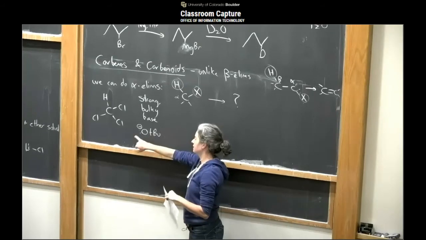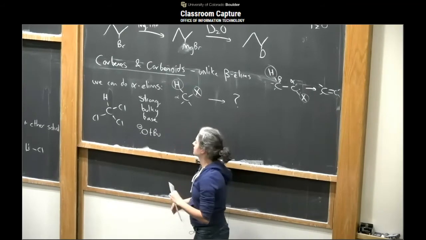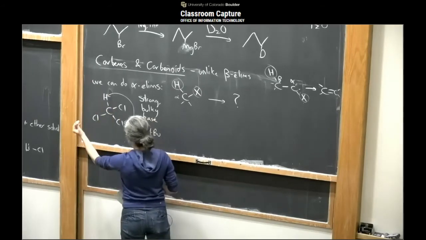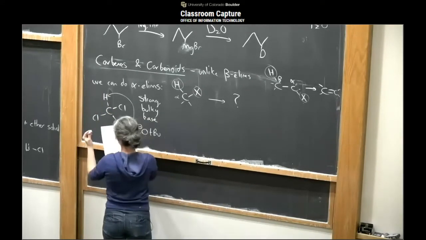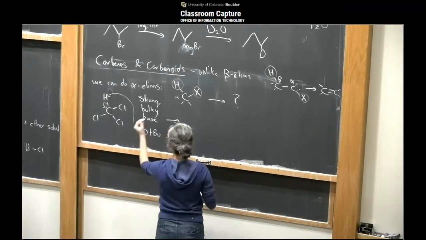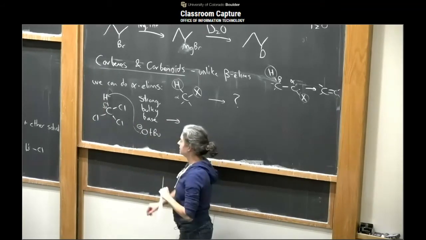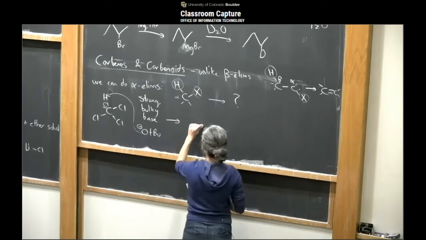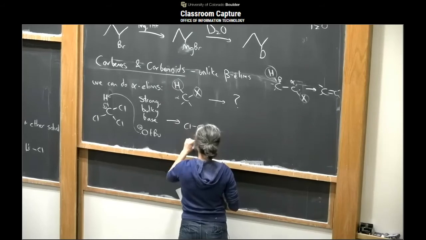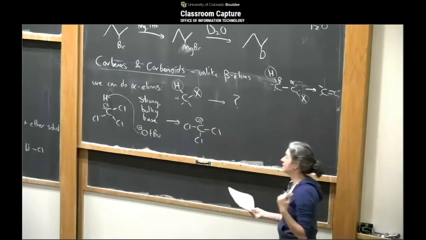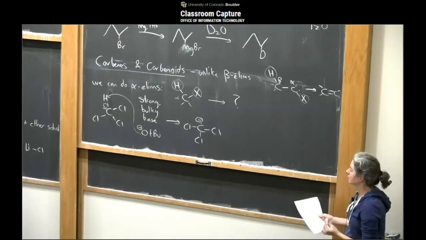We really want to tip this towards elimination as much as we possibly can, so we use a strong, bulky base like tert-butoxide. This comes in and deprotonates the carbon. Note that it can't do E2 because this carbon doesn't have anything else it could double bond to. So at least temporarily, it's going to deprotonate that carbon.